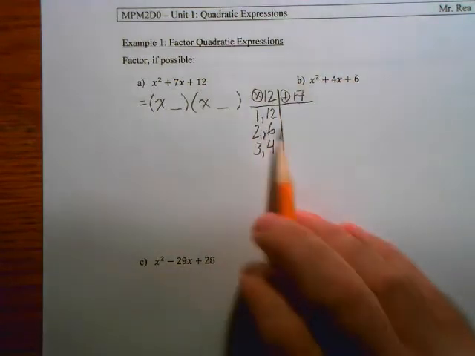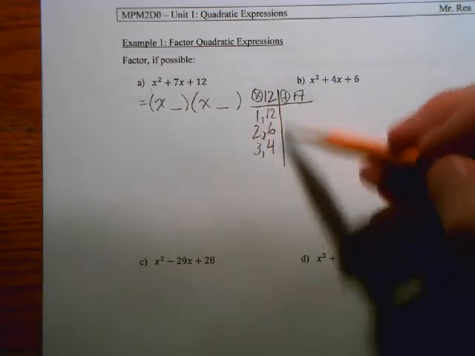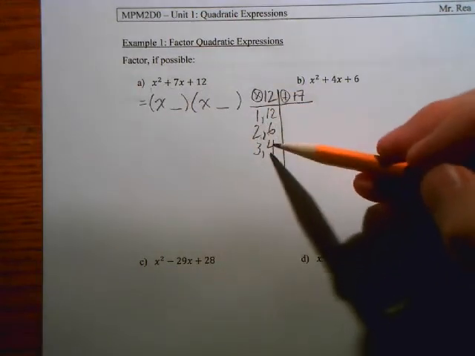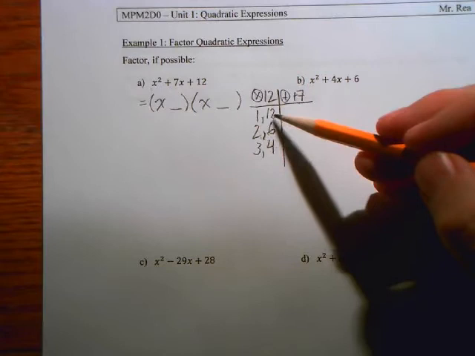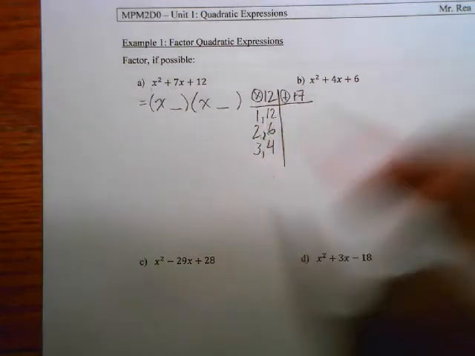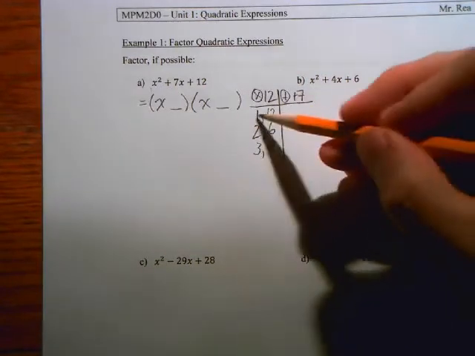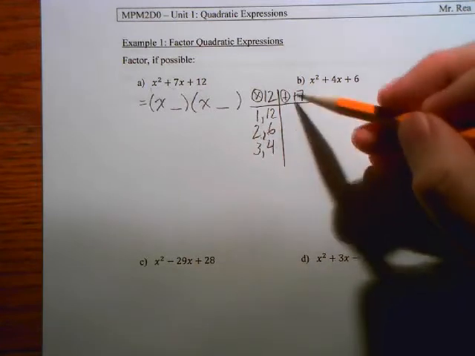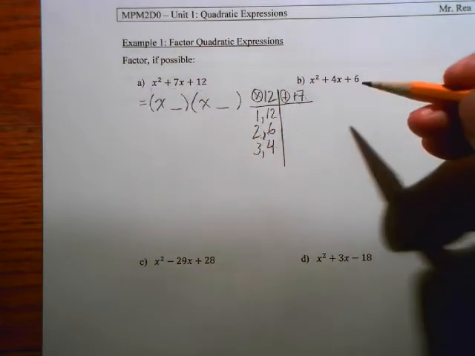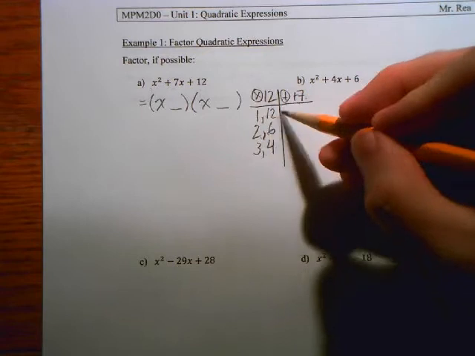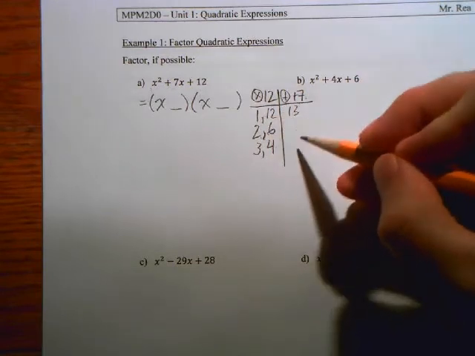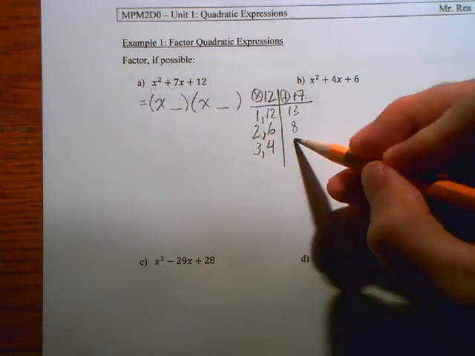So now what I do is, okay, these are pairs of numbers that multiply to 12. Now what we're going to do, I'm going to add them together over here, and then just find the one that adds to positive 7. So these 2 add up to 13, these 2 add up to 8, and these 2 add up to 7.